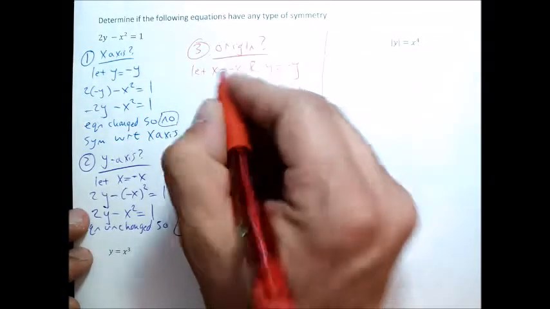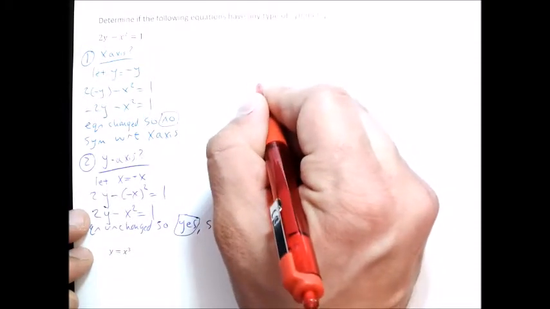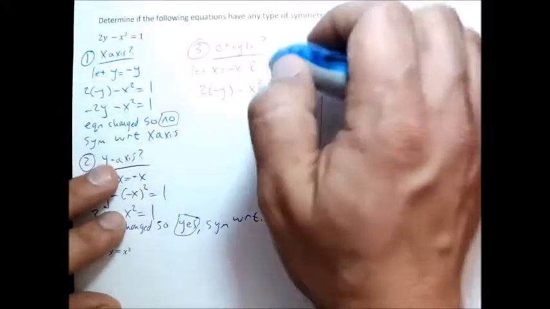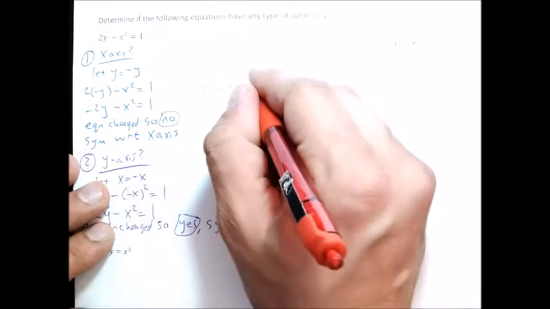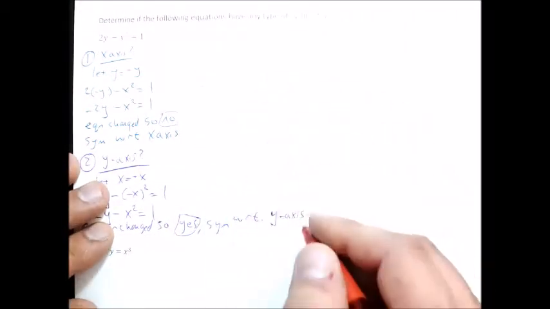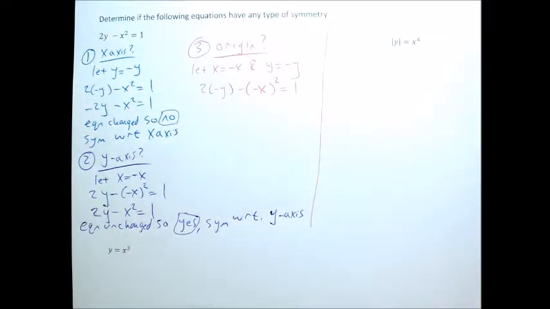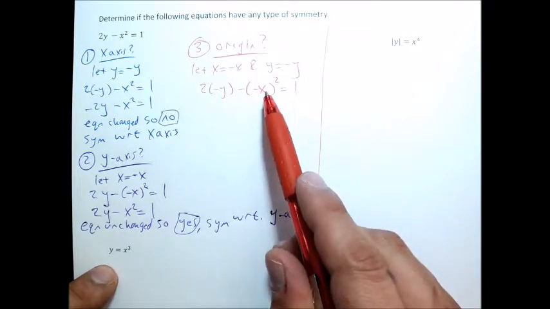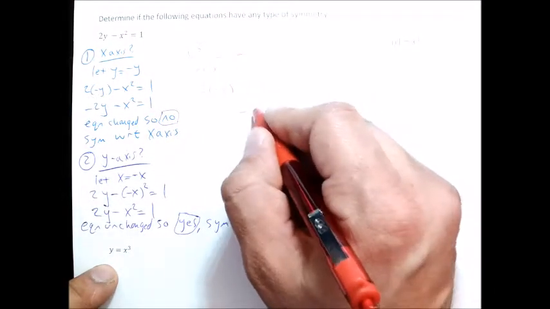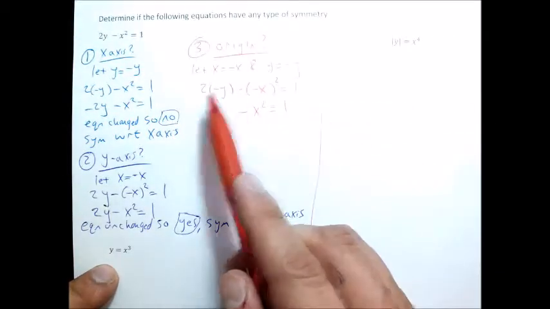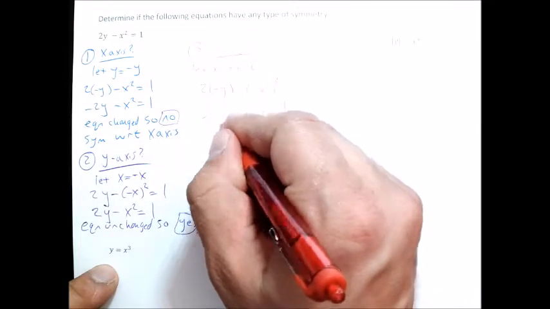When we do that, we get 2 times minus y minus negative x squared. Forgot to plug in the negative there. Minus x squared equals 1. Even though the square is going to cancel out the negative with the x, the second negative with the y changes it.